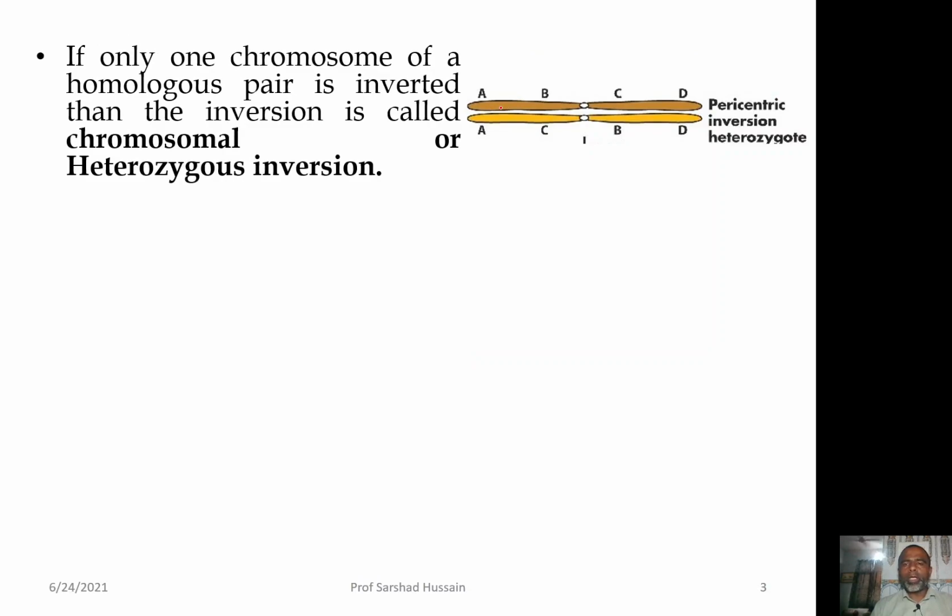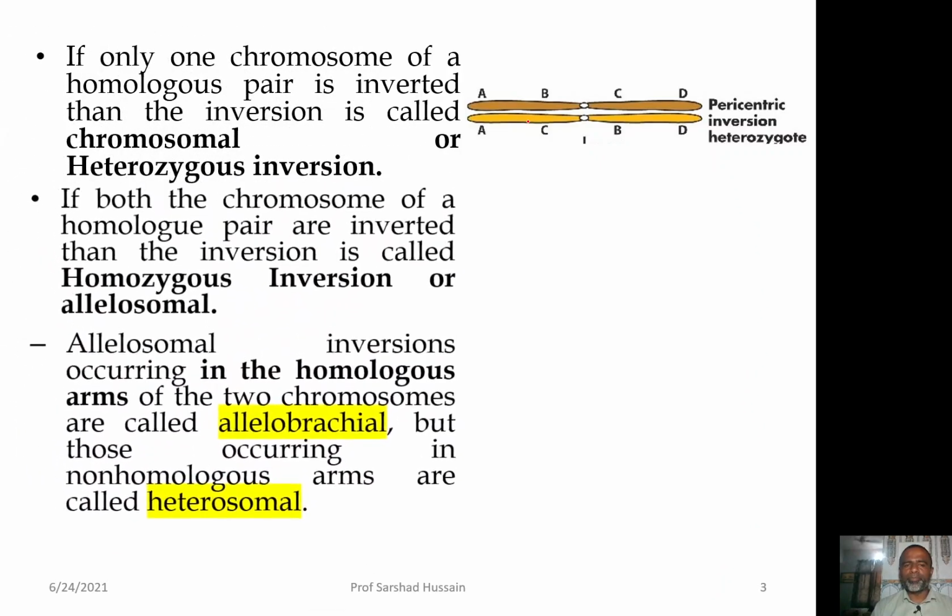Now, because you know there is a pair of homologous chromosomes in the diploid individuals, if this inversion takes place only in one chromosome, then it is called heterozygous inversion, and if it takes place in both the chromosomes of a homologous pair, then that is called the homozygous inversion.